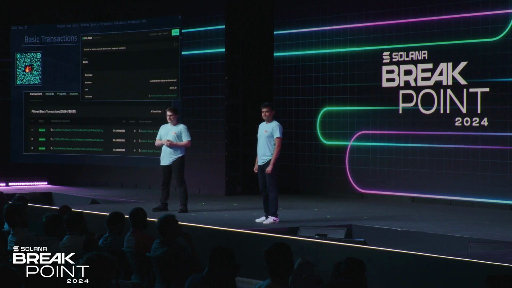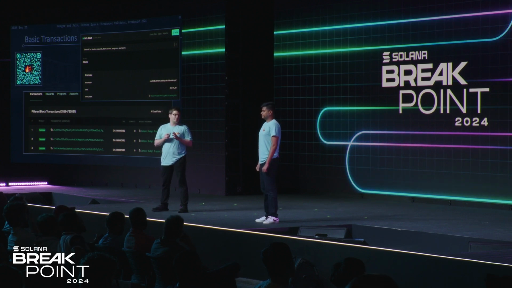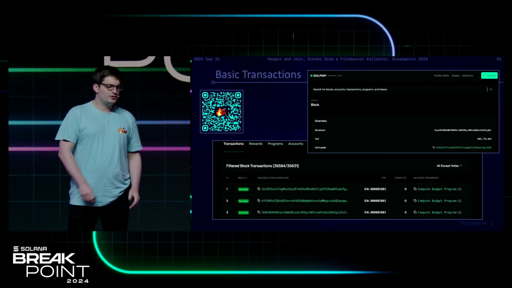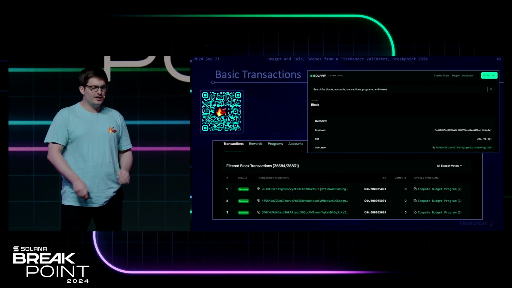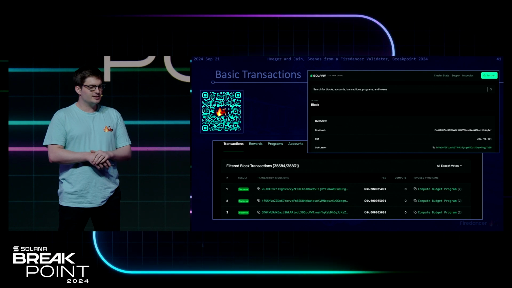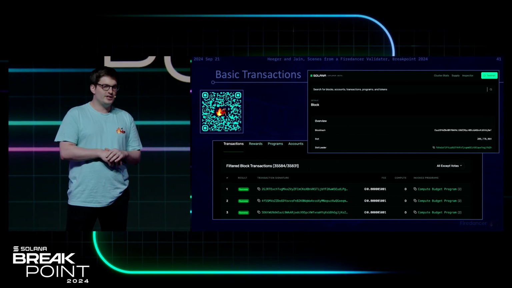So with our transaction generation script, Firedancer built this first block a few weeks ago, with just under 36,000 transactions, almost entirely composed of what we are calling basic transactions. These transactions don't really do anything beyond request the minimum compute units, set a price for the transaction, and pay the fee to the block producer.